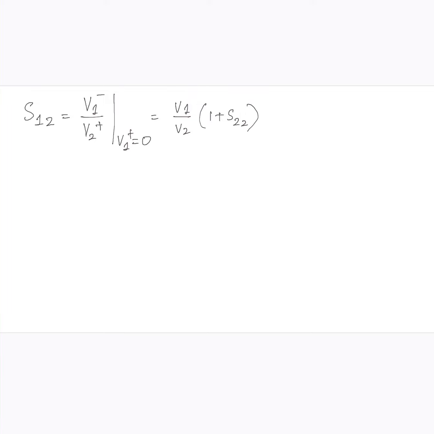So here also we'll be getting V2 minus divided by V2 plus, which can be written as S22. Now here V1 is given as A V2 minus B into V2 by Z out, and we have the expression Z out is equal to V2 by I2, equal to (D plus B by Z naught) divided by (C plus A by Z naught).